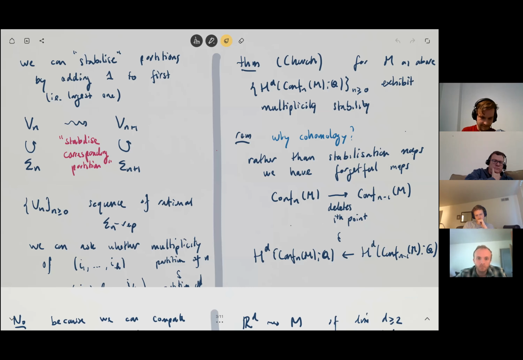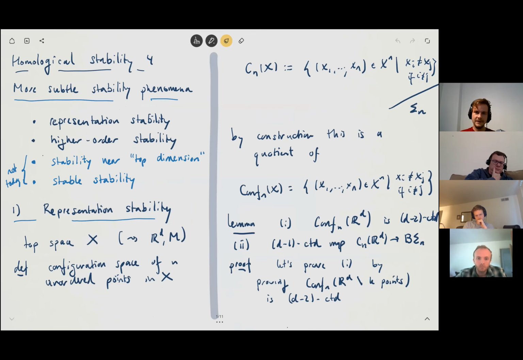They were representation stability, in the case that there's no homological stability, because there's naturally a group present that still acts, which increases in size, or higher order stability, which is about what happens in a metastable range past the stable range, and which, as far as I know, tends to involve some higher categorical structures.